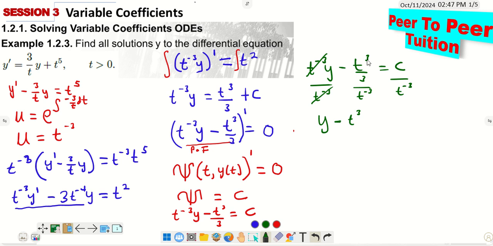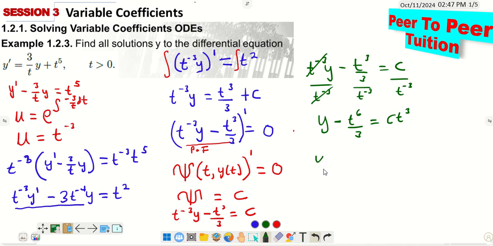Then there's another t to the power 3 here, so it will add to be t to the power 6, all divided by 3. Then this one also goes up to be c t to the power 3.